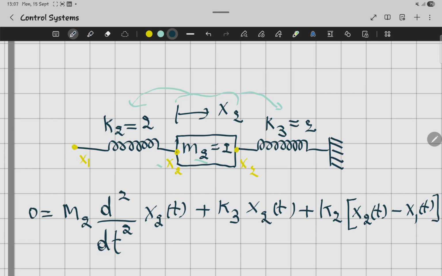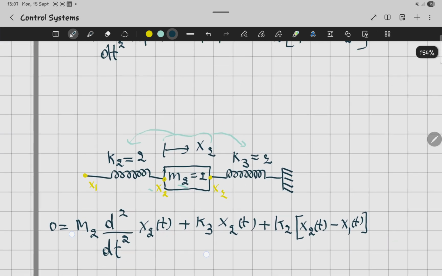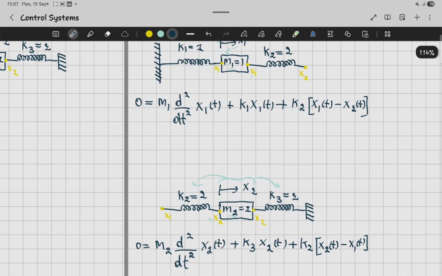So this is what you're going to get on both equations for this question.